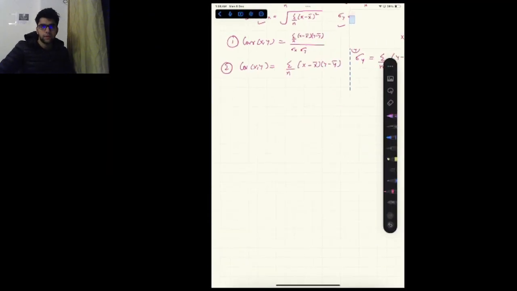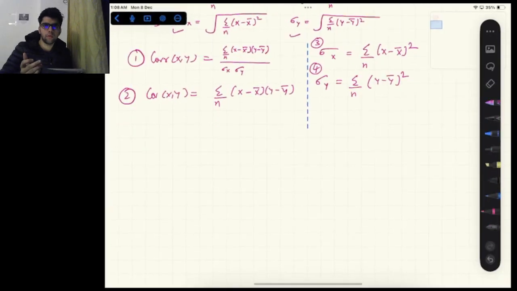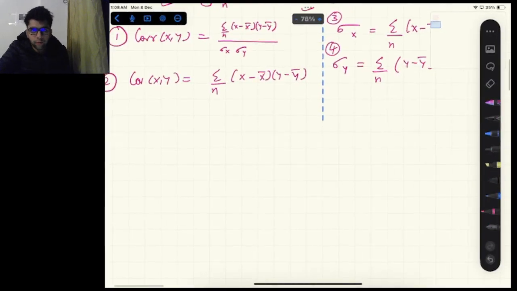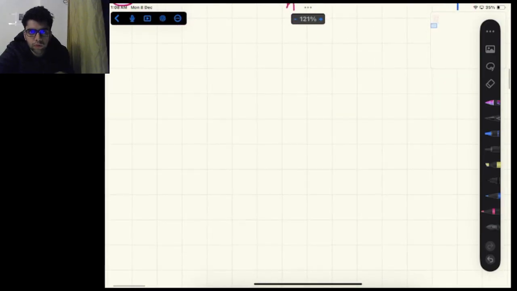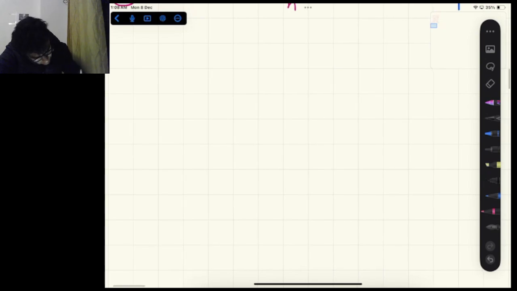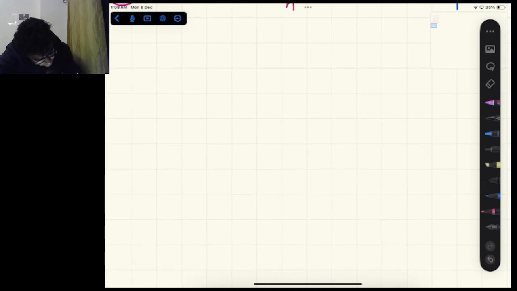We have to keep these four formulas in our minds, right? This is much better. So that should be the perfect magnification. So let us start with the proof.